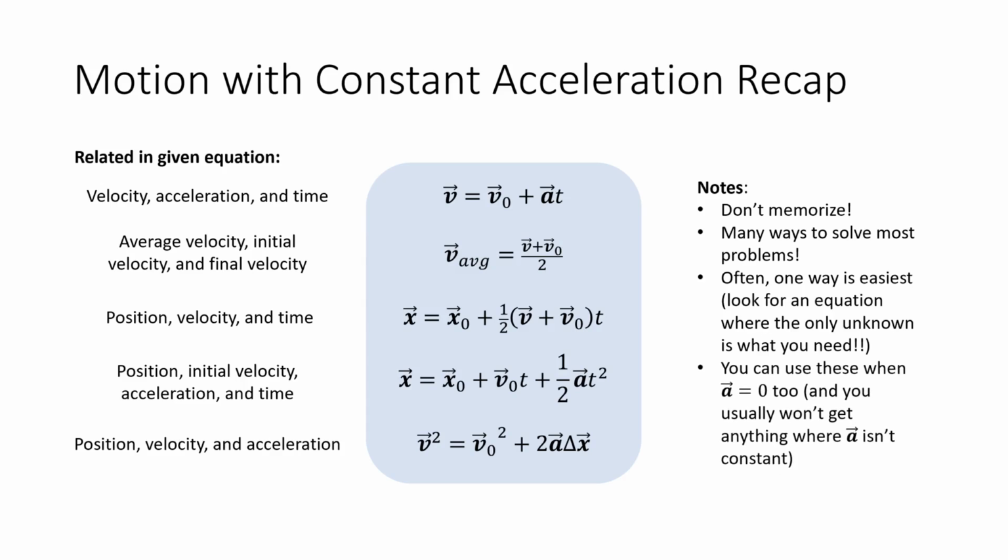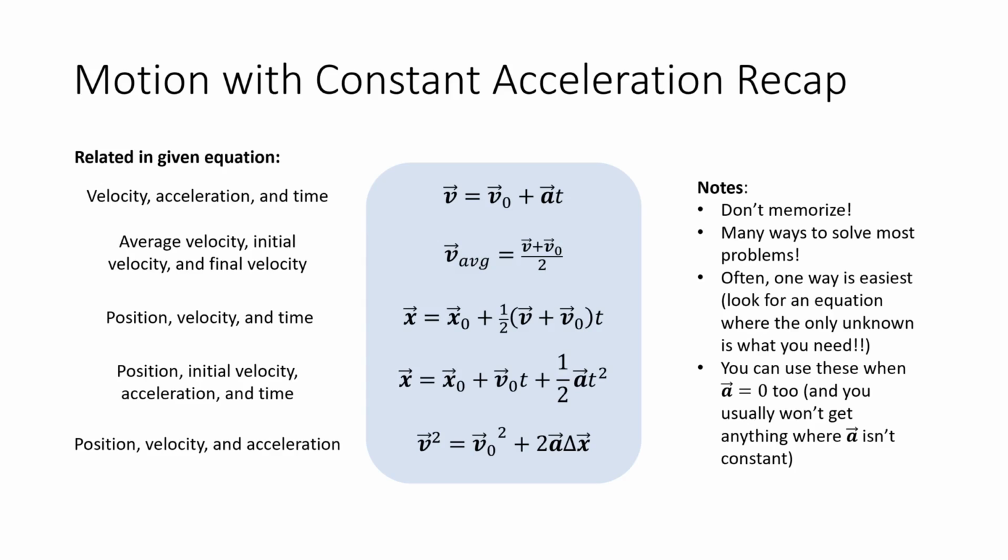All right, and then just one last quick plug about avoiding the equation v average equals delta x over delta t whenever you're given just a velocity or a speed. Remember that the average velocity is not the same as the instantaneous velocity.